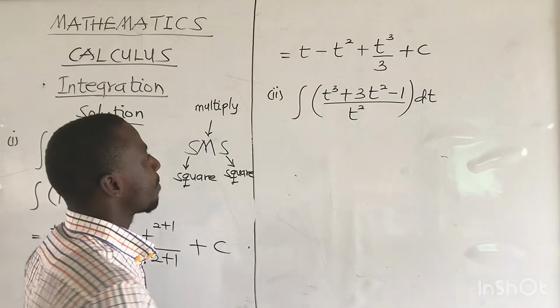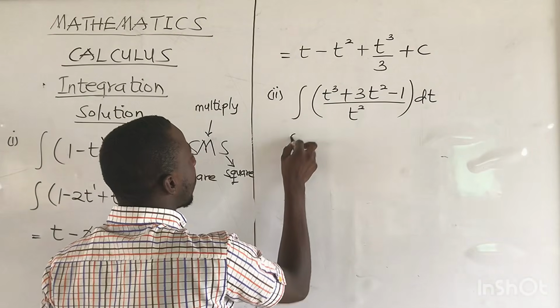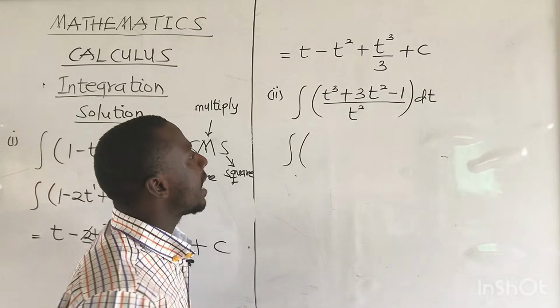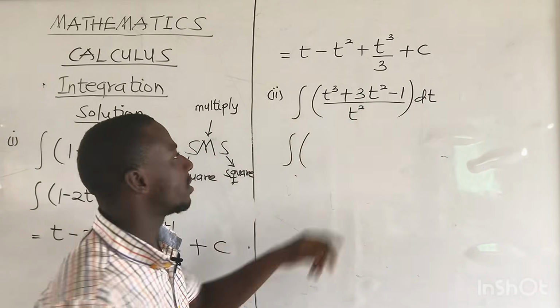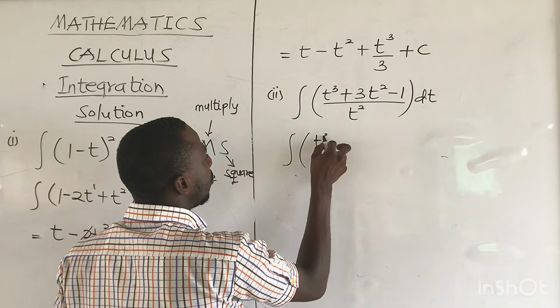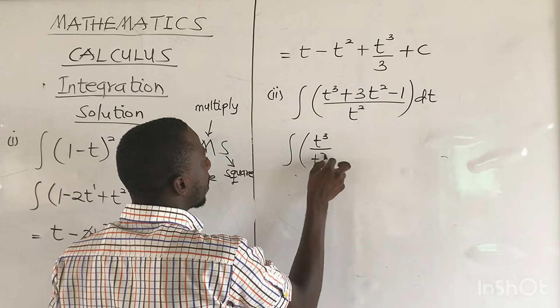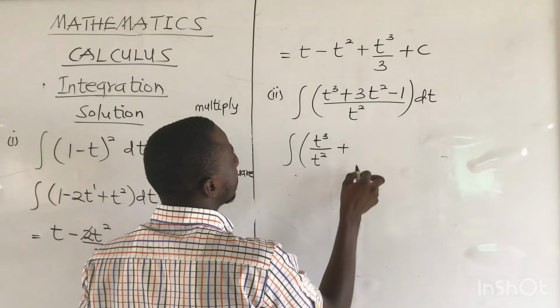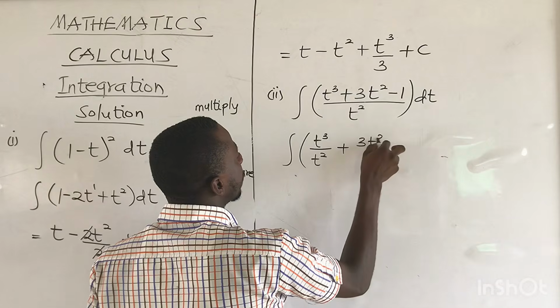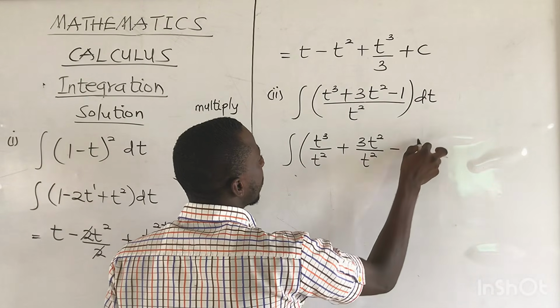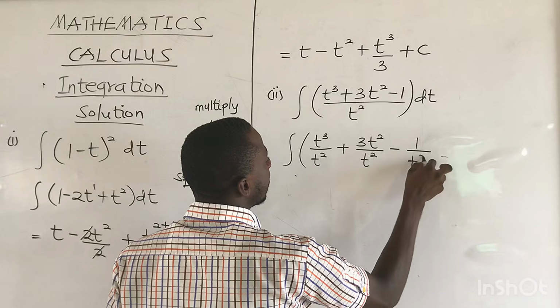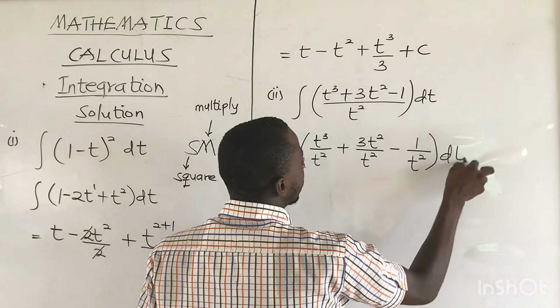Now from here, we will first of all divide each term by the denominator. So we have t cubed over t squared plus 3t squared over t squared minus 1 over t squared, all dt.